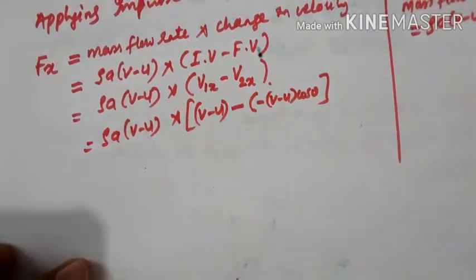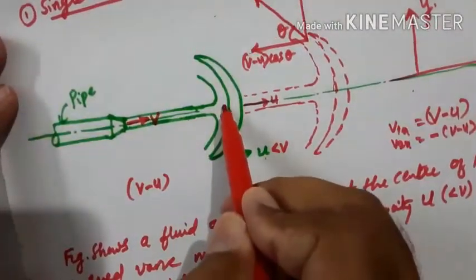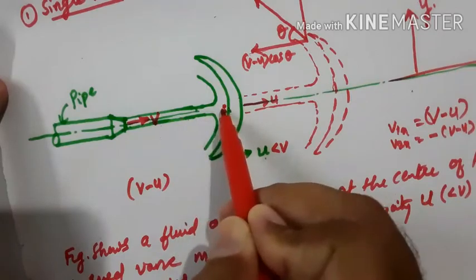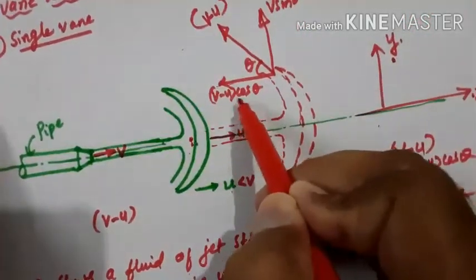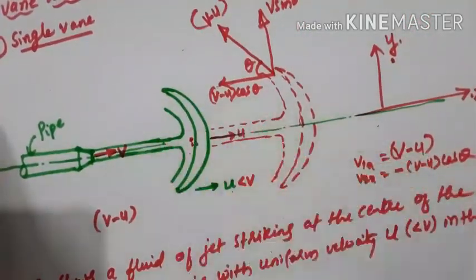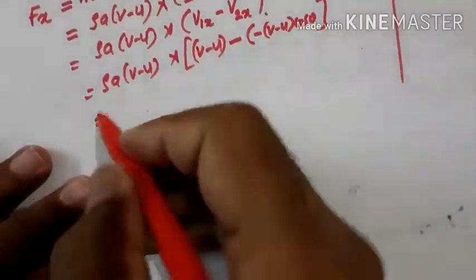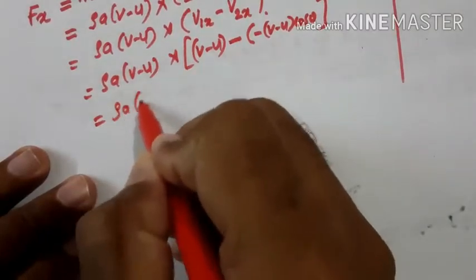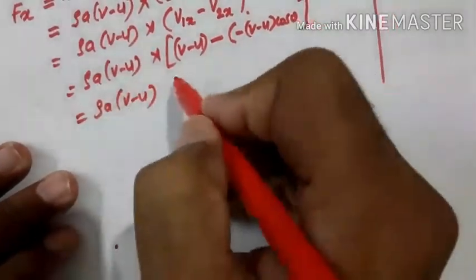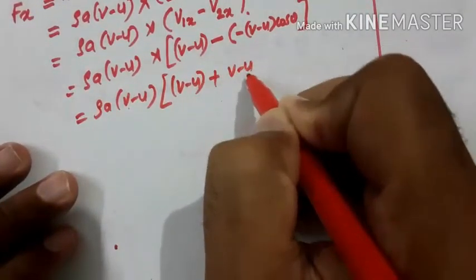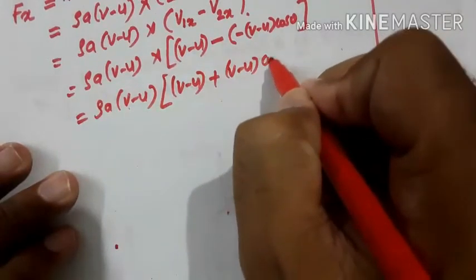Okay, so here it is striking with v minus u initially, then the final velocity will be (v minus u) cos theta, but in the opposite direction. Then it becomes rho a (v minus u) into bracket (v minus u) plus (v minus u) cos theta.